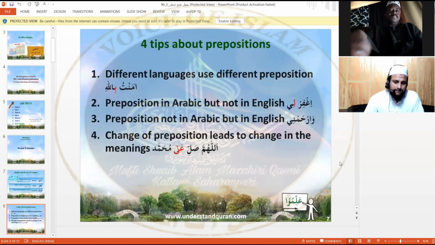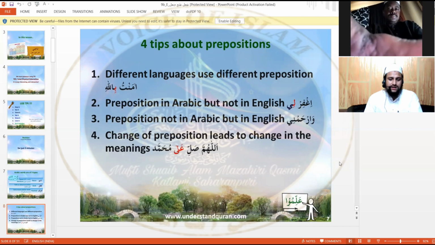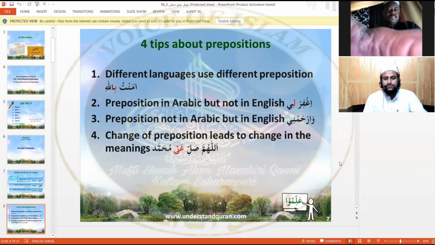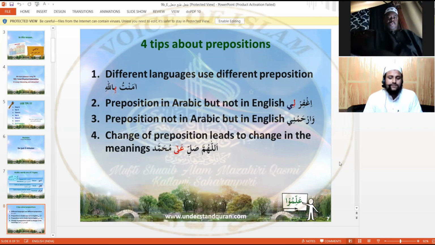So, 4 tips about prepositions. One, different languages use different prepositions. Amantu billah, you remember? Two, a preposition in Arabic but not in English, like ighfirli, and in English just forgive me. Three, a preposition not in Arabic but in English, like warhamni, mercy on me, and in Arabic just warhamni.